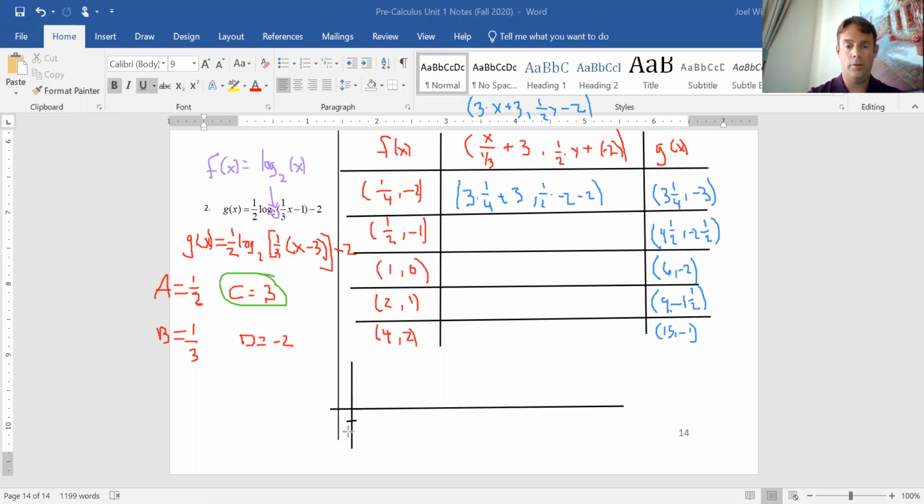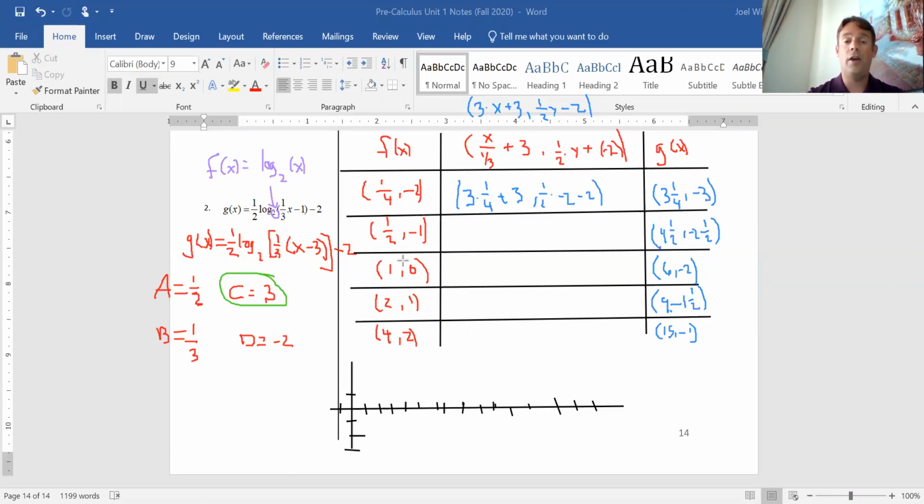Let's see, we have 1, we got 2, we got 3. And we'll throw a token 1 in here for these guys. And 1, 2, 3, 4, 5, 6, 7, 8, 9, 10, 11, 12, 13, 14, 15. I'm sure your graph looks just a little bit more accurate than mine.